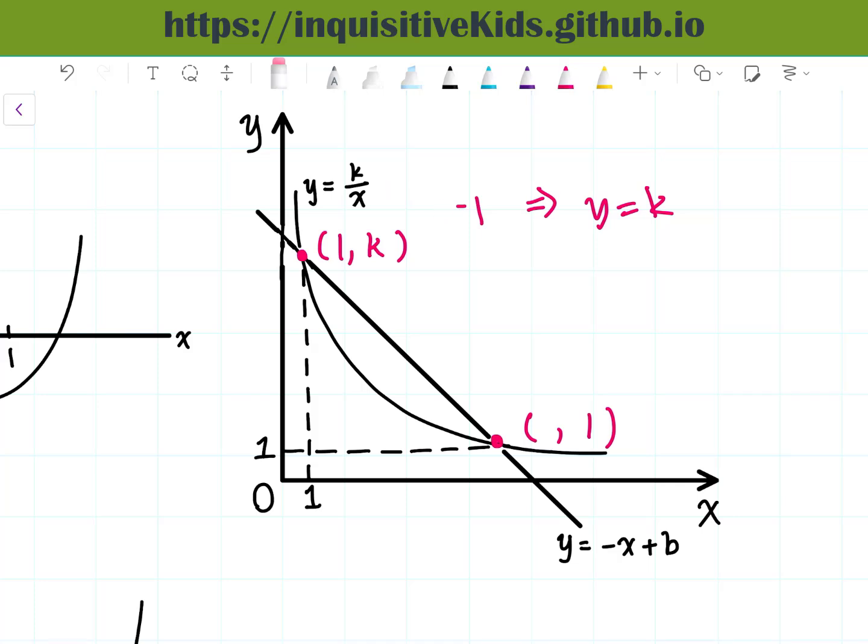Those are the coordinates of this point. And now, if we look into this point, well, we can't really tell anything much about it because we don't even know b. So it would really make no sense to substitute 1 as the y value here. So we can't really find out anything about this point.